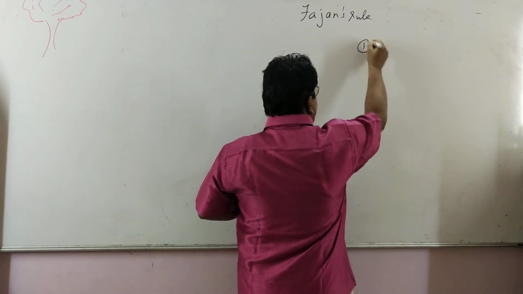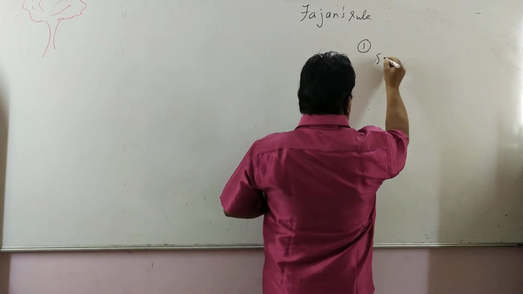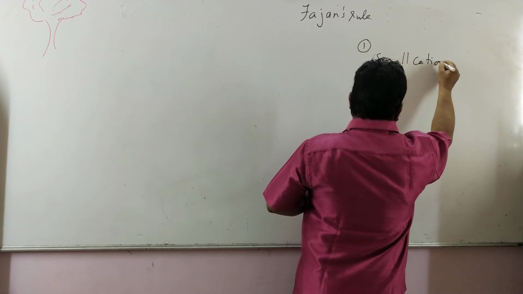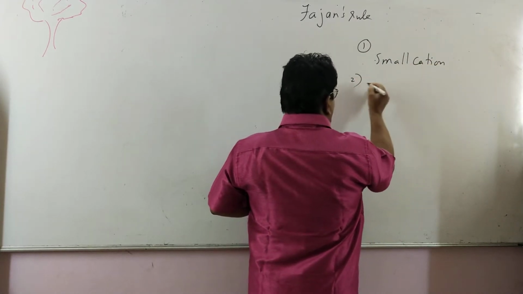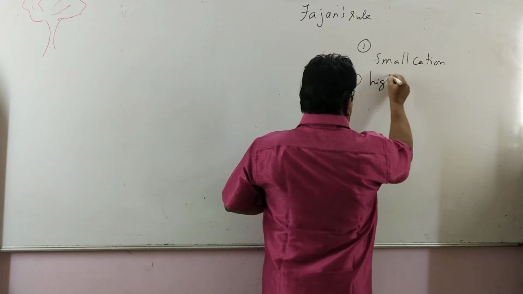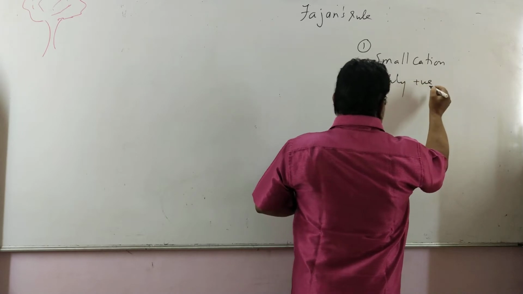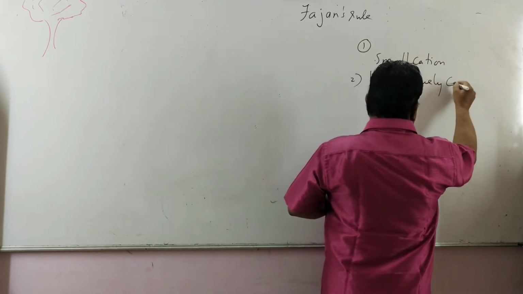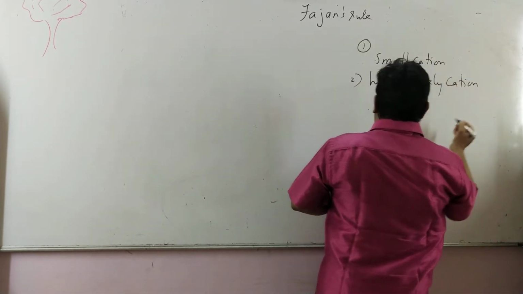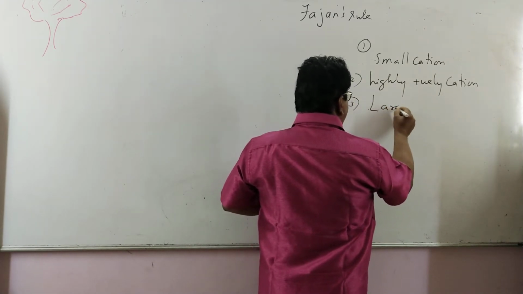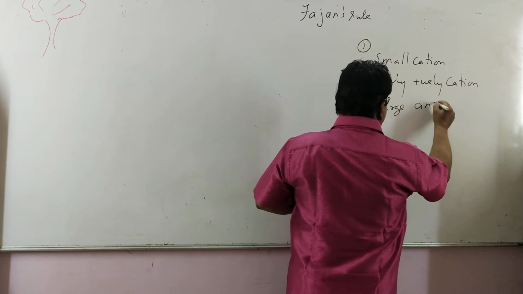One is a small positive ion. Two, a highly positively charged cation. Three, a large anion.